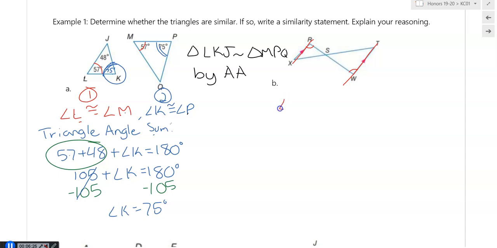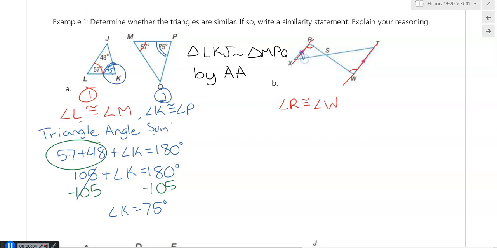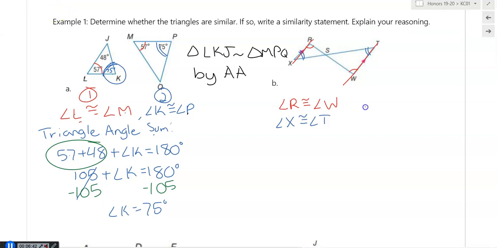So here, angle R is congruent to angle W. In that same way, angle X is congruent to angle T. So that's because of those opposite interior angles. Okay?